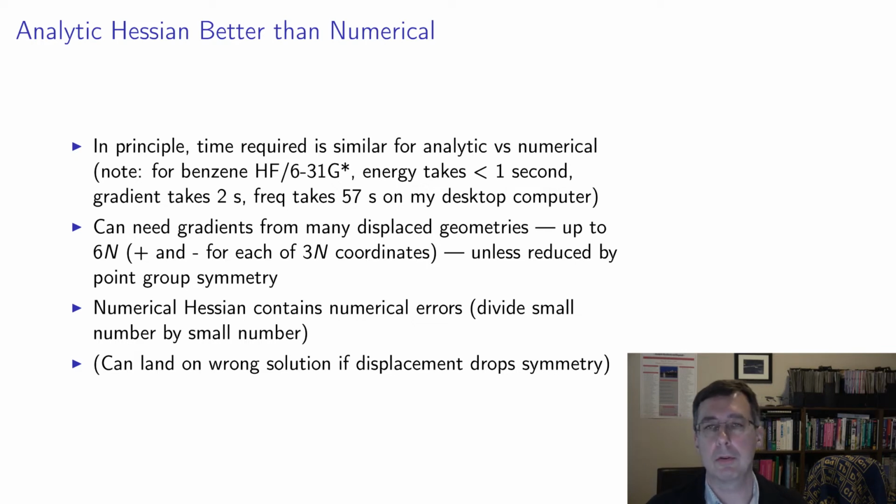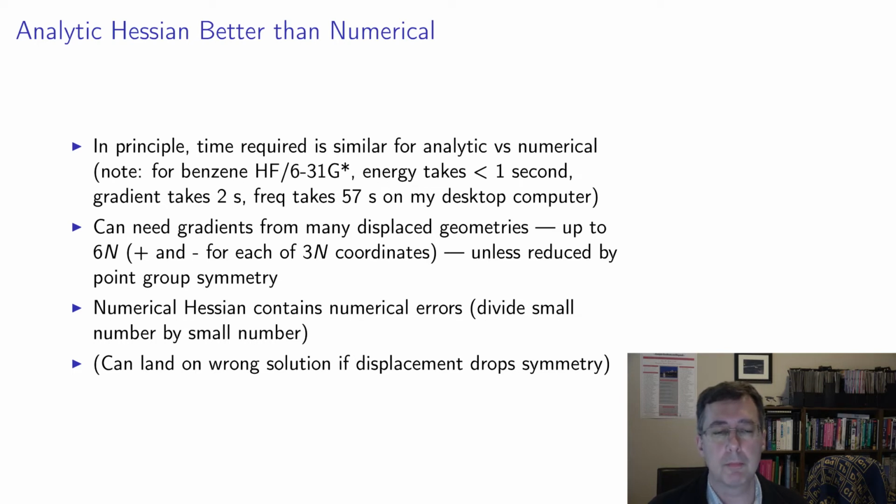And so if n is large, then you can see that the Hessian is way more expensive than a single gradient or energy calculation. Sometimes I can cheat and reduce that number if I have point group symmetry. I can see that some of those displacements will be equal to certain other displacements if I have mirror symmetries, for example. But nevertheless, it's still much more costly.